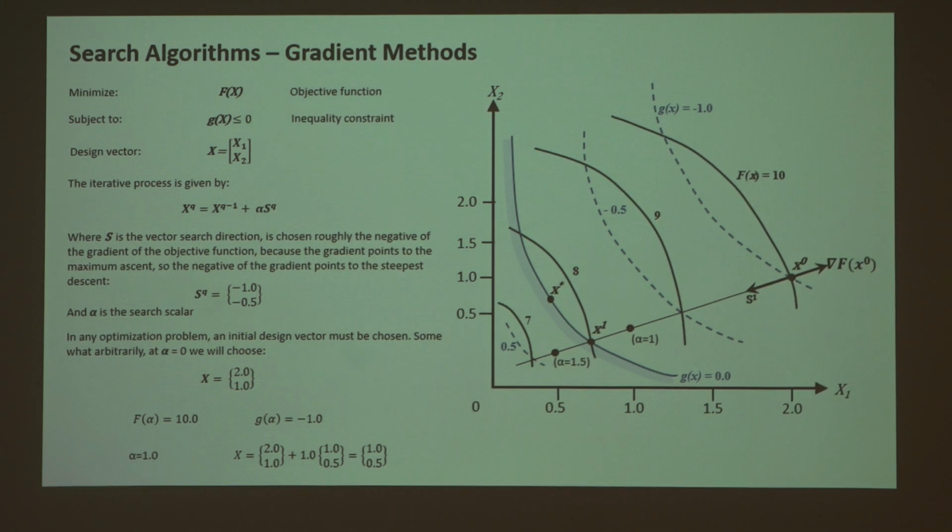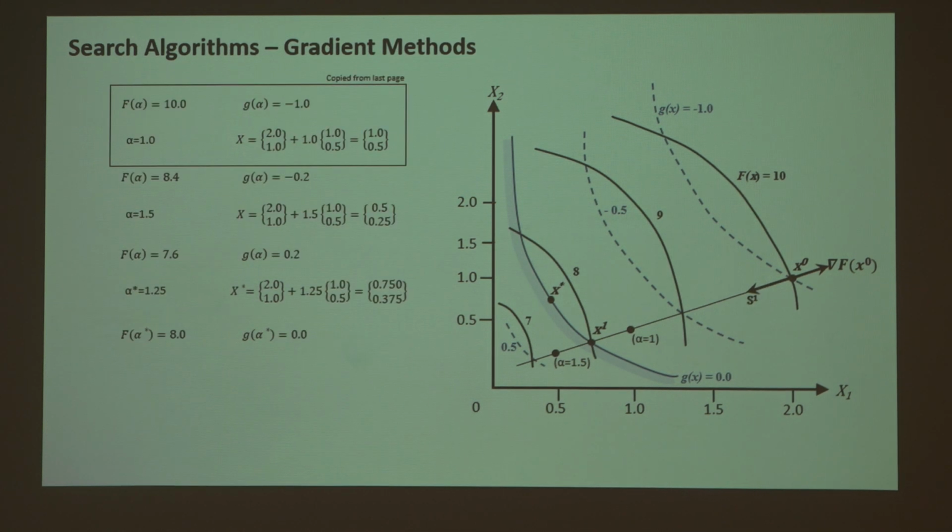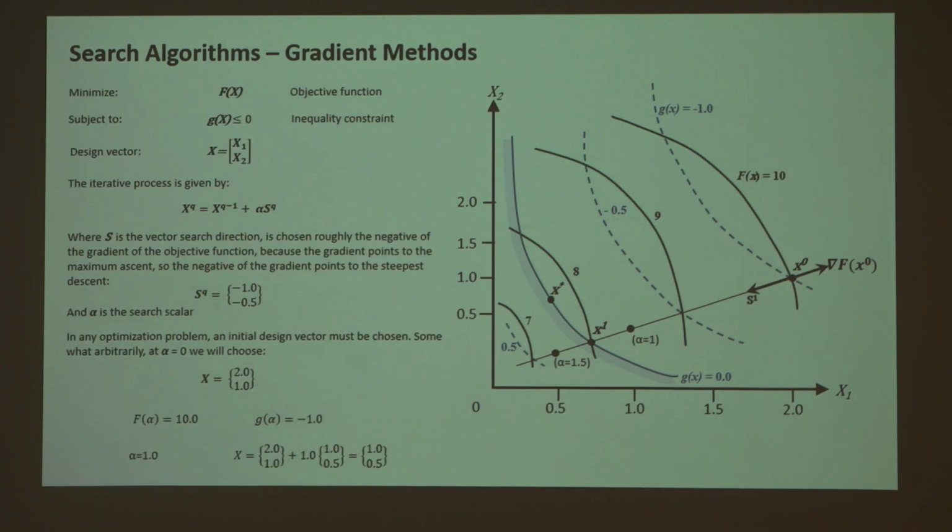Now we're going to apply that vector direction and pick a step length, alpha. I've copied this to the next page, so that thing in the box is exactly the same as you saw on the other page. I just copied it here so you don't have to memorize it. It's very easy to start plugging these numbers into this equation right here.